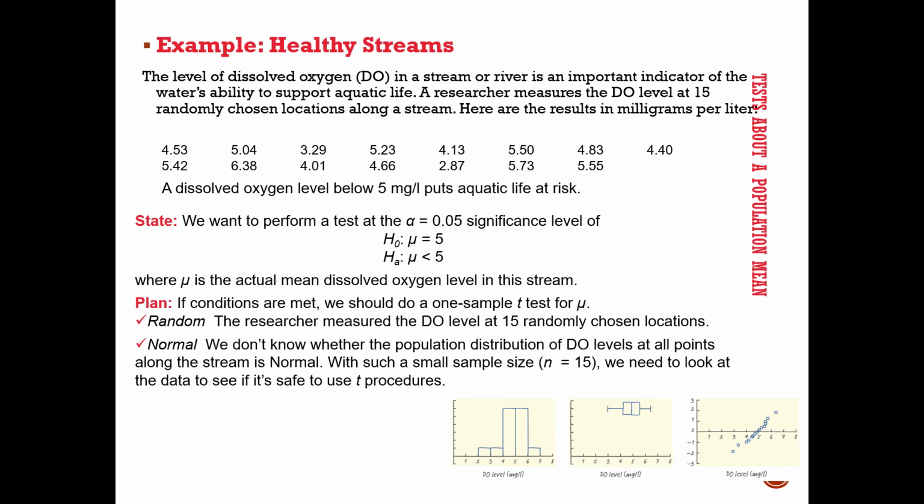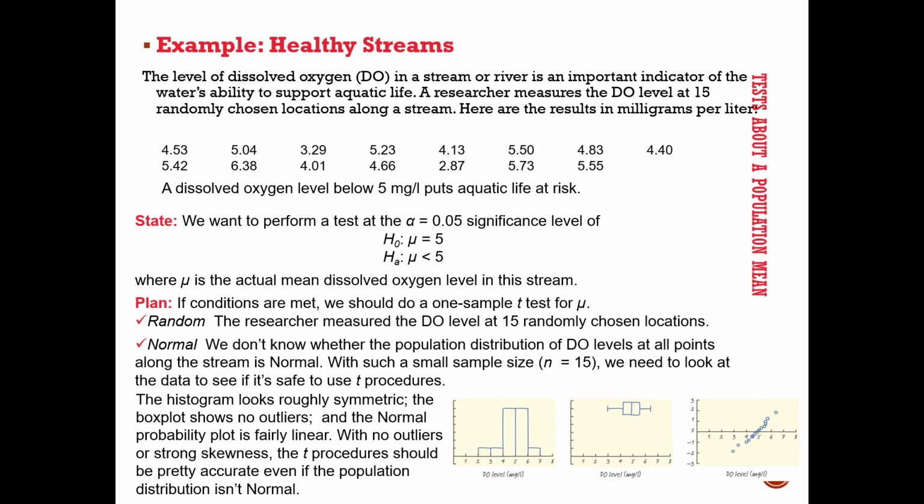You see a roughly symmetrical histogram, you see a roughly symmetrical box plot, and you see a roughly linear normal probability plot. So I think we're good to use T procedures. Remember, if n was greater than 30, we'd be good to just go ahead and assume that because of the central limit theorem, we wouldn't have to check the distribution.